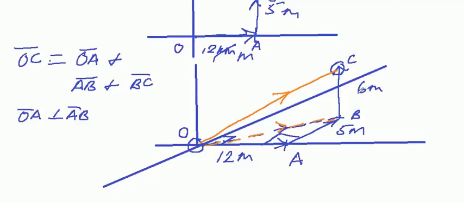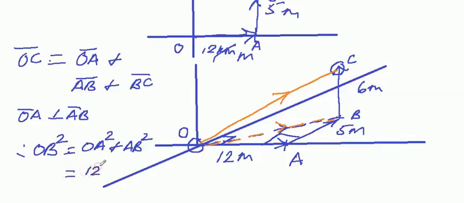So from the Pythagoras theorem, OB square is equal to OA square plus AB square. Now OB is the magnitude of vector OB. What is OA square? 12 square, plus 5 square.